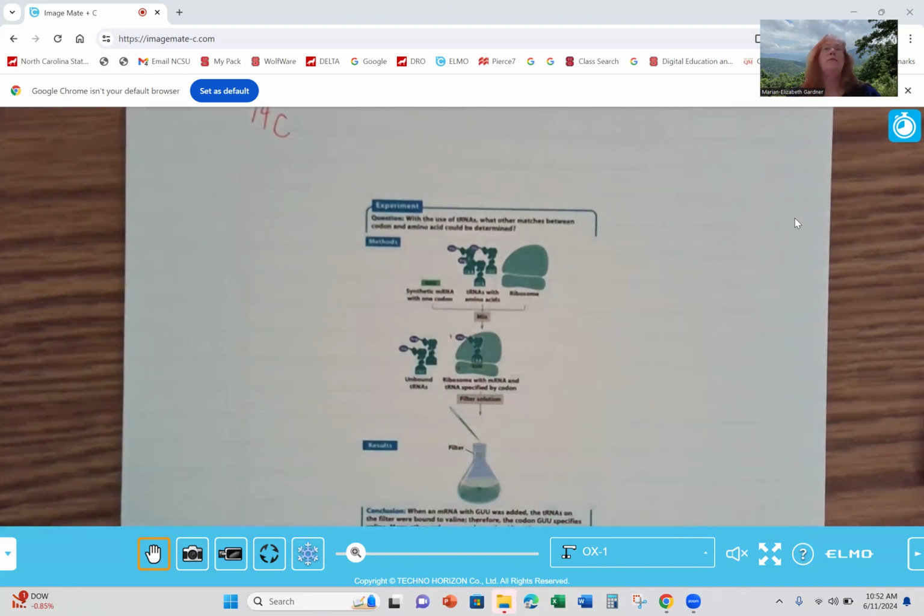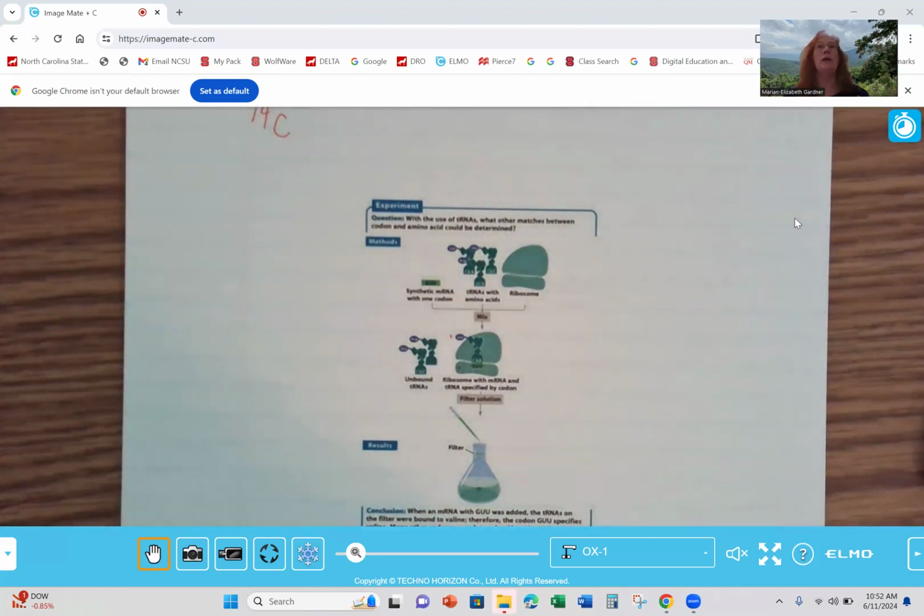So for example, UUU, they would radioactively label in one tube alanine, in one tube nothing else, and then in a different tube, they would radioactively label leucine. In a different tube, they'd radioactively label phenylalanine, and so forth, till they had all 20 of those amino acids radioactively labeled in different tubes.